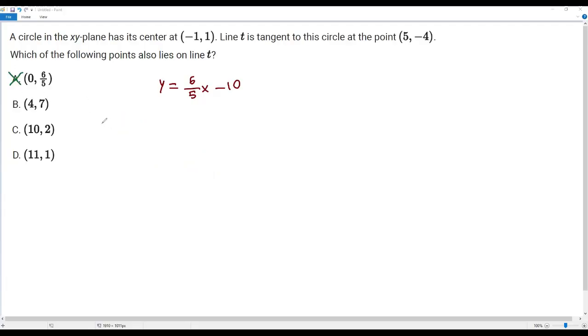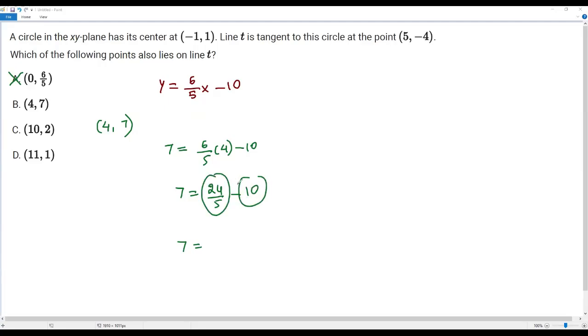Okay, now let me consider the point in answer choice B, that is 4, 7. So we plug in the x coordinate 4 for x and y coordinate 7 for y. Then I'm getting 7 equals 6 over 5 times 4, negative 10. So 7 equals 6 times 4 is 24 divided by 5, negative 10. To simplify, whenever I want to add or subtract between a fraction and an integer, I have to multiply the integer by the denominator of the fraction.